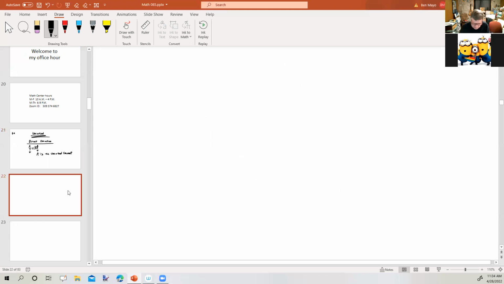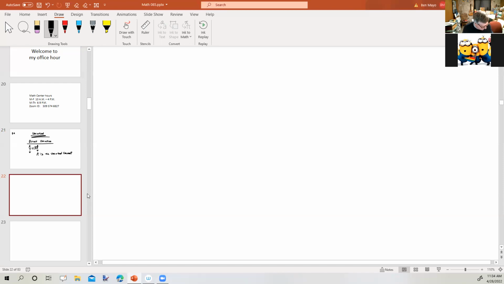This problem says: free fall. An object in free fall travels a distance s that varies directly to the square of the time t. If an object falls 1,024 feet in 8 seconds, how far will it fall in 10 seconds?